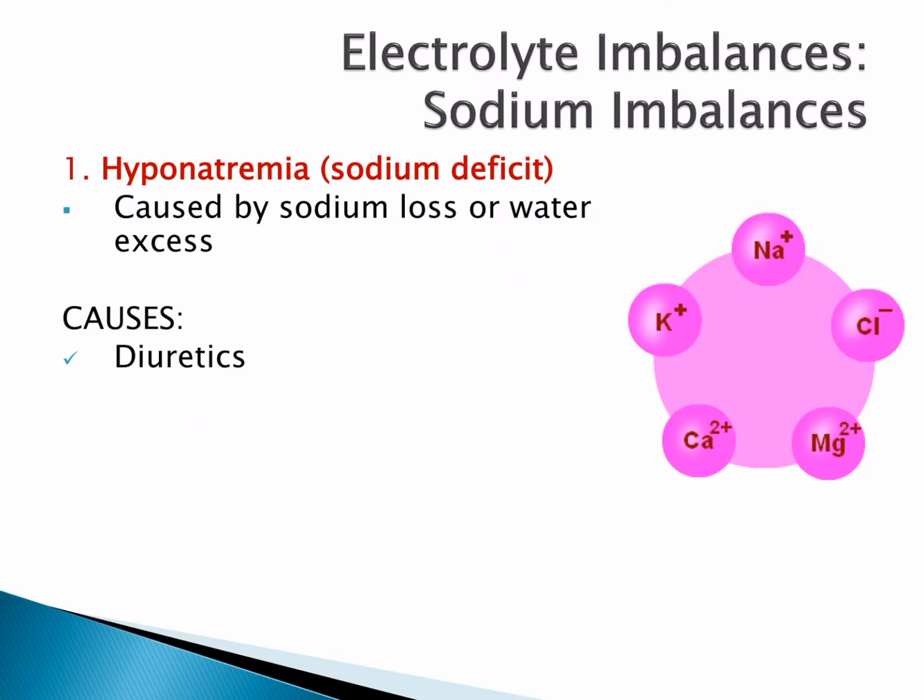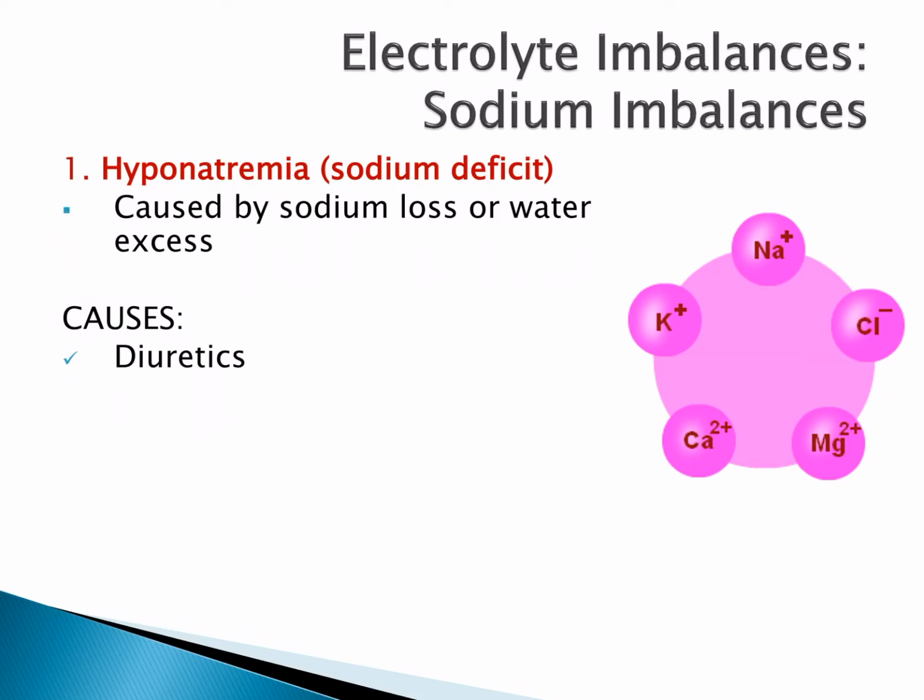As what I have mentioned, when we say diuretic, it means that it helps excretion of water from our body. It eliminates excess water from our body. So it is considered as one of the causes of your hyponatremia, because if you eliminate water from the body, your sodium might be washed out.